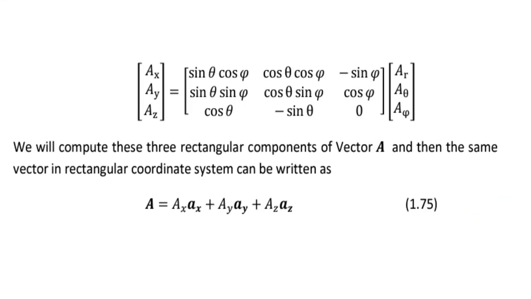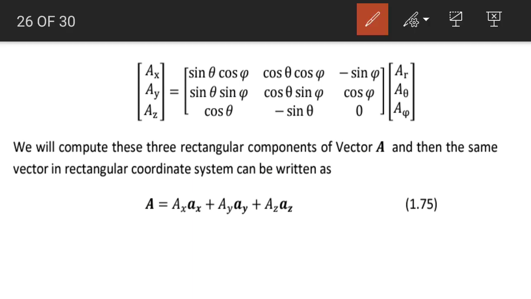We just write down these three equations in the matrices format, and these equations are given in the matrices format over here. We have the scalar component ax, the scalar component ay and the scalar component az.